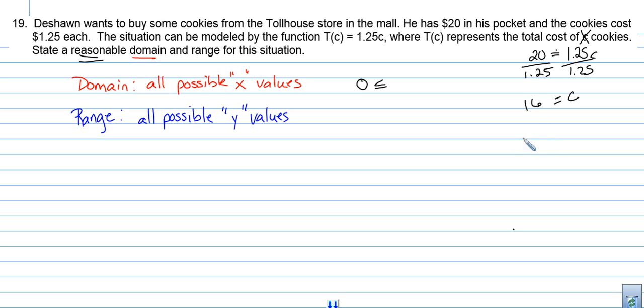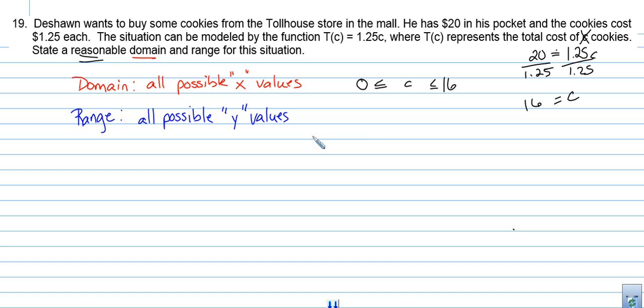So the most number of cookies he can buy is 16. So he can go anywhere from 0 to 16. And the way you write that is his cookies can go from 0 to 16. Got it?